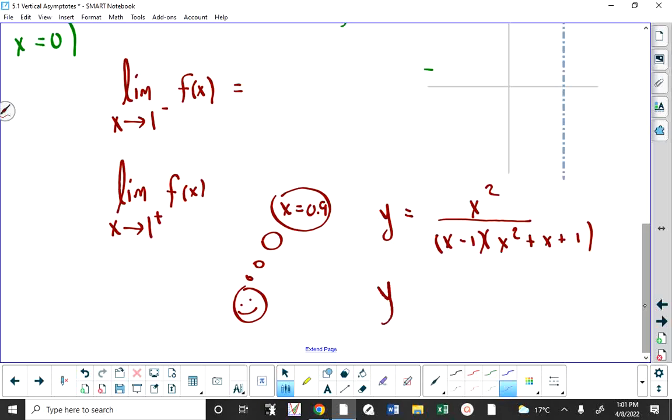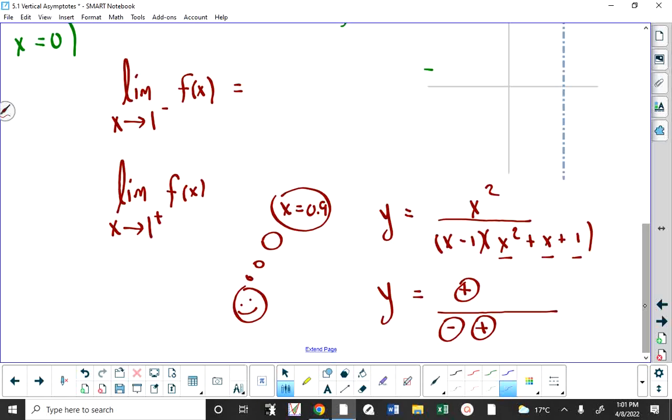I will get a positive top because I'm going to square it. I will get on the bottom that x minus 1 will be negative, because I'm taking that number that's a little bit less than 1 and subtracting 1, so it's going to be negative. I will get for this other factor a positive, because all three of these terms are going to be positive.